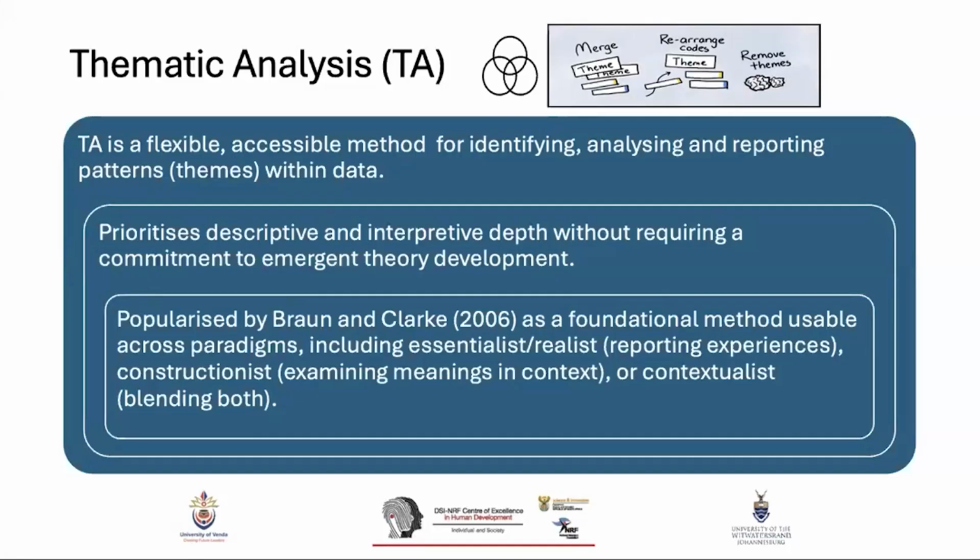And this type of analysis has been popularized by Braun and Clarke. The 2006 paper actually explains this type of analysis in depth, and it would be advisable for you to actually read it so that you can understand this in much more detail. As today, we might not be able to cover everything, but we will provide you with enough basics for you to have a solid grounding so that when you do further reading, you'll be able to understand it.